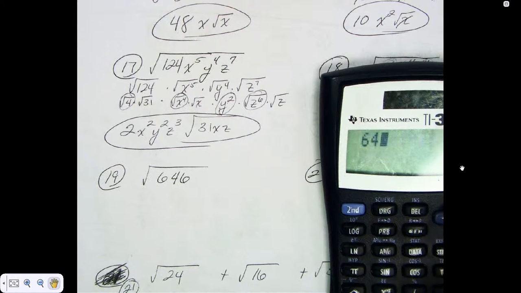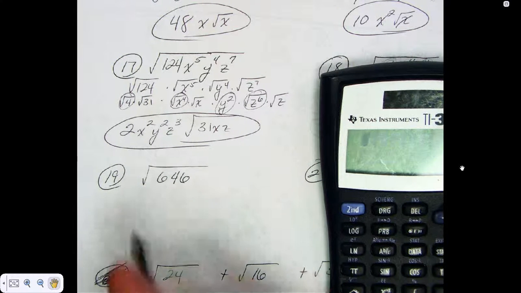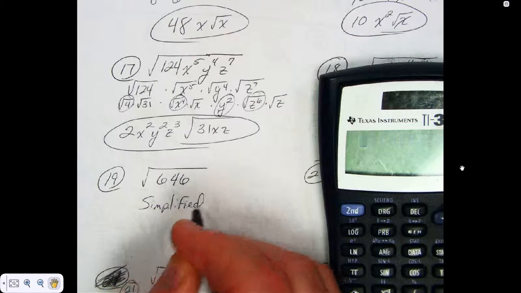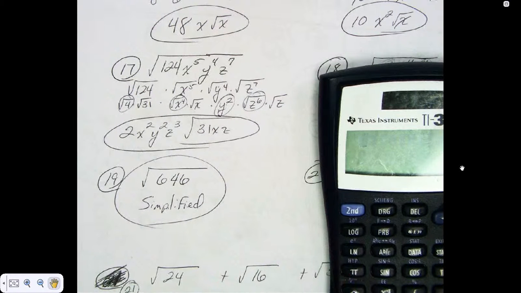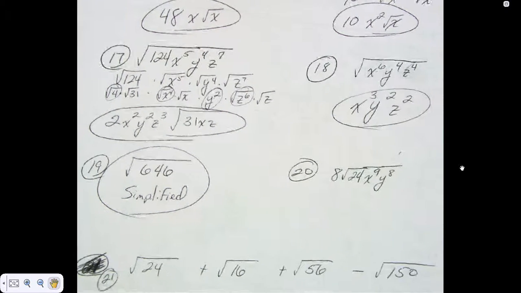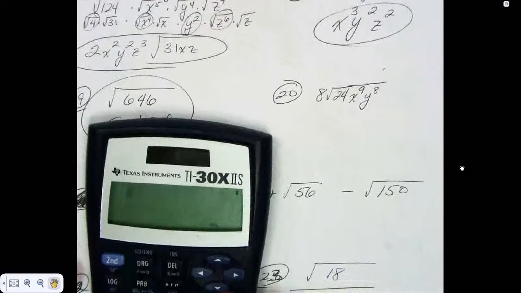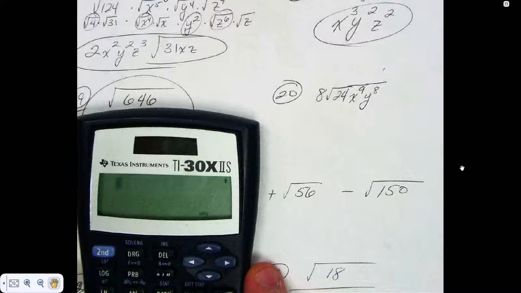How about 646 divided by 4? Guess what? Hard to believe, isn't it? I just guessed that number. I didn't realize it was simplified when I made the practice test.